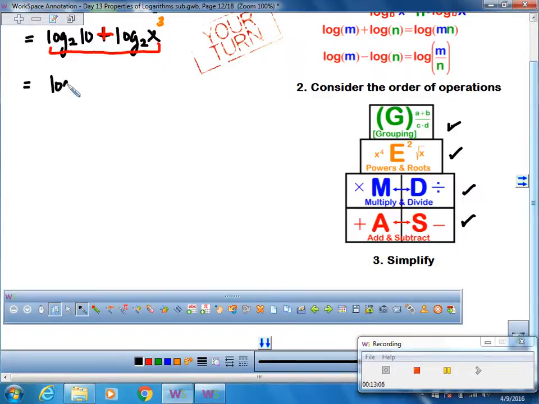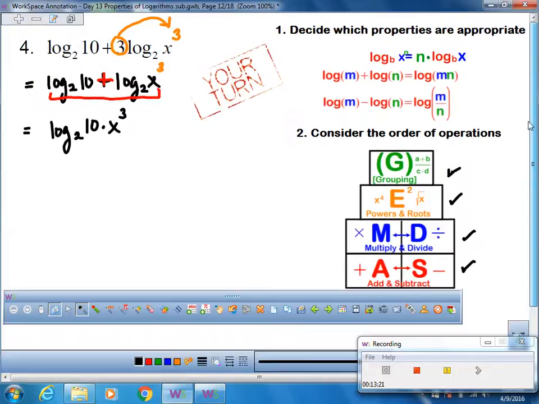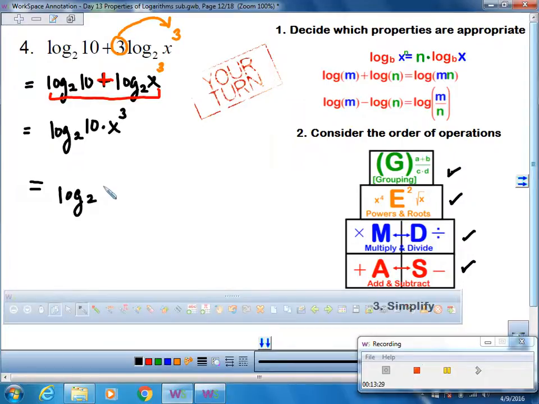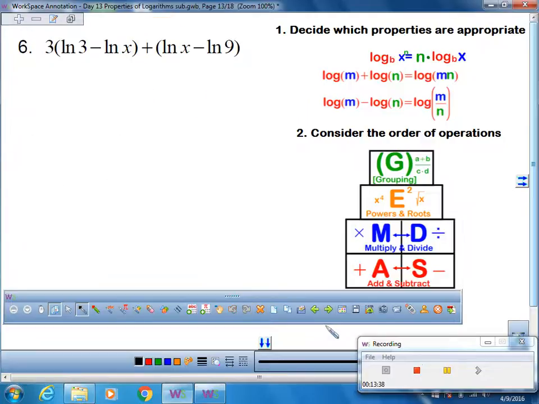So equals 1 log base 2 of 10 times x cubed, which can just be written log base 2 of 10x cubed. Perfect.